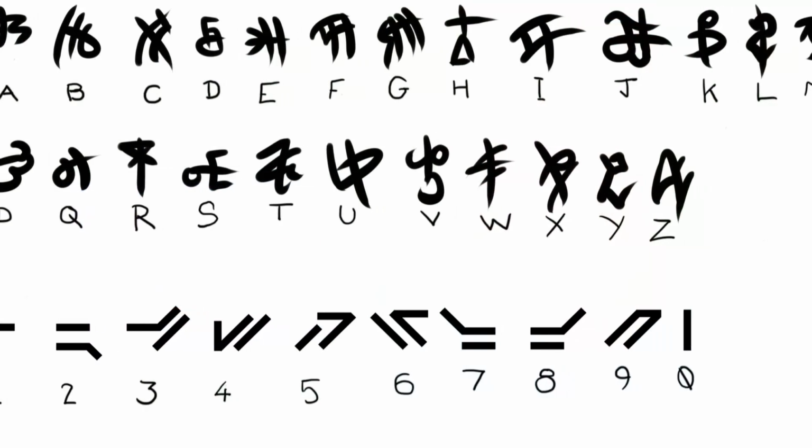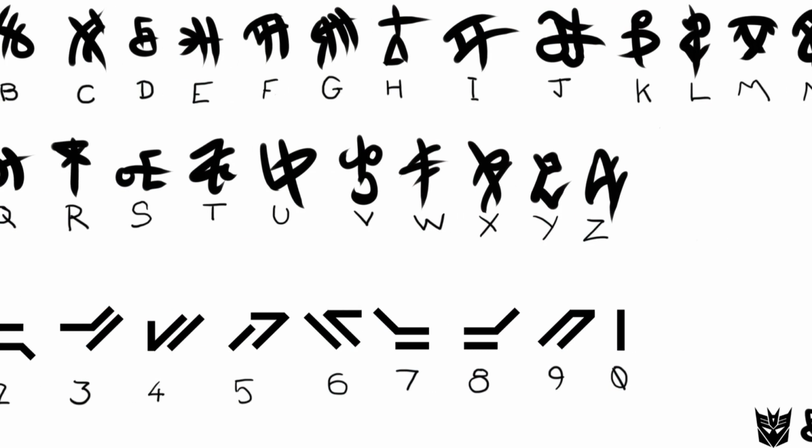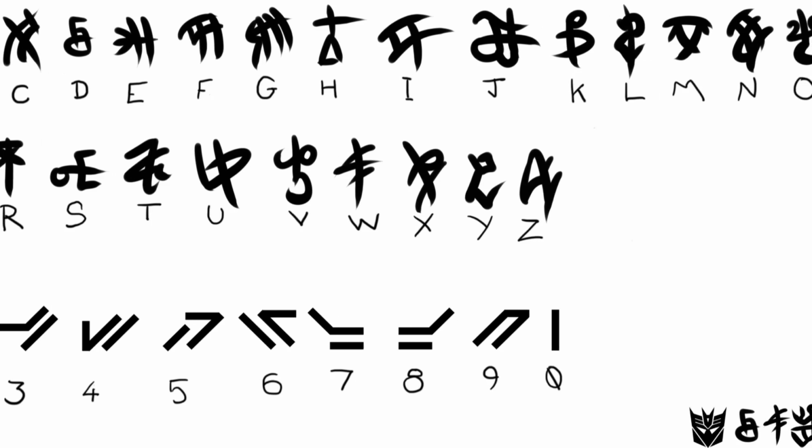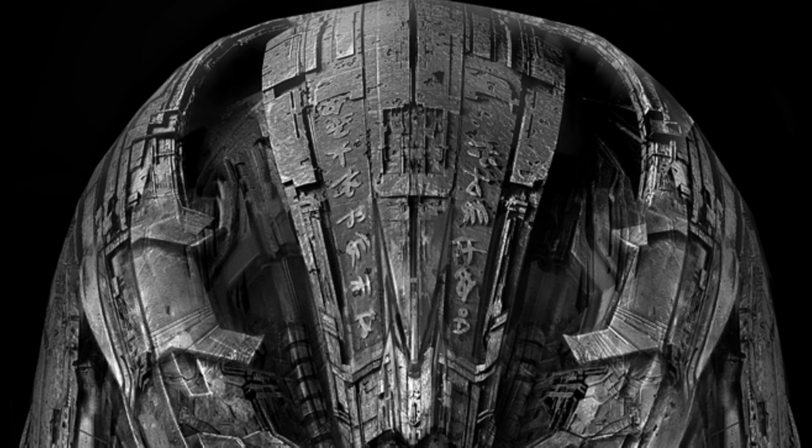That's what I always assumed, but apparently there is a Cybertronian alphabet out there, so I might have to go back and look at some old Transformers movies and see if there's some hidden stuff there. But let's focus on Megatron's forehead here, and he has Cybertronian markings on both the left and the right side, and they go from down up.